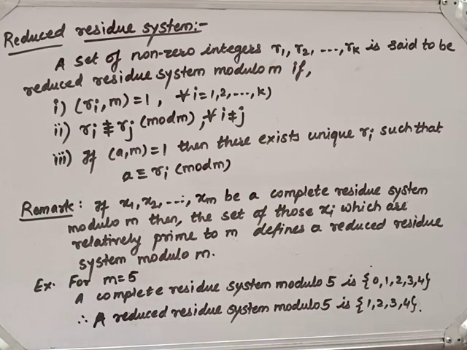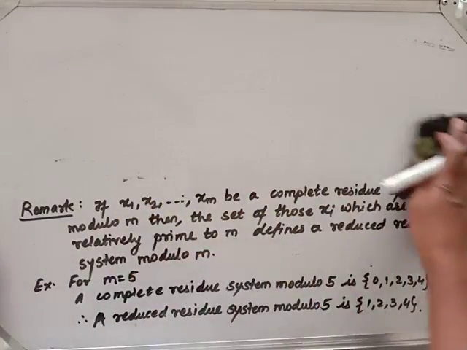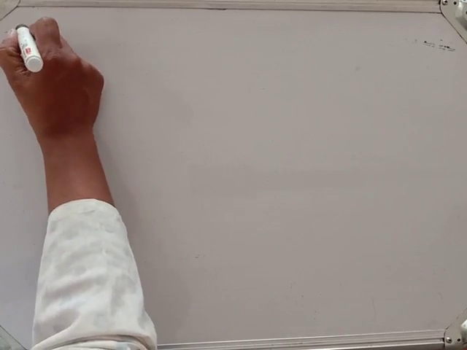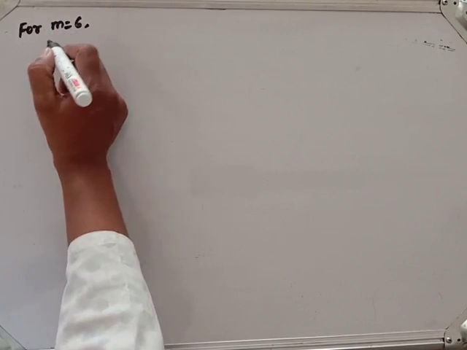Now let us see some more examples. The other example is for m equal to 6.